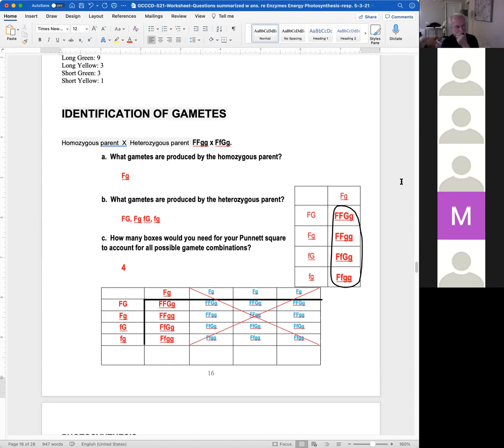It didn't ask about dominant, didn't ask about recessive. It just said homozygous, so you had to know what homozygous meant. So what gametes are produced by the homozygous parent? Well, big F, little g. If you use the FOIL method, you'd find the only answer comes out big F, little g. Does that make sense?